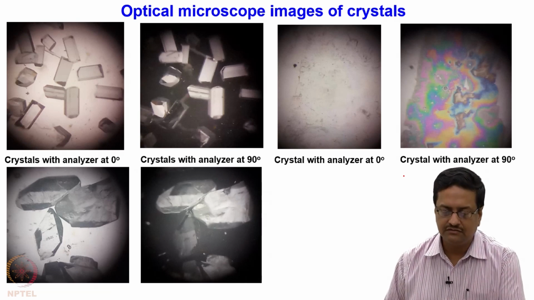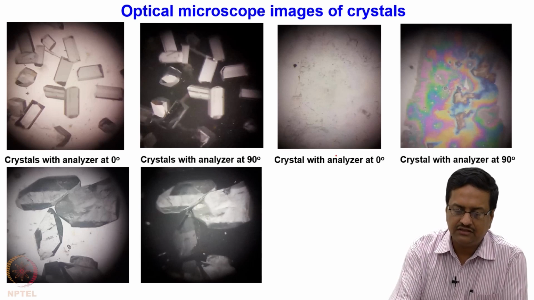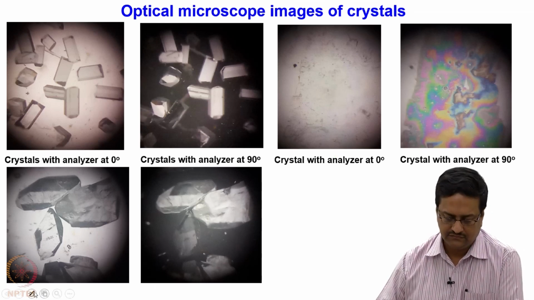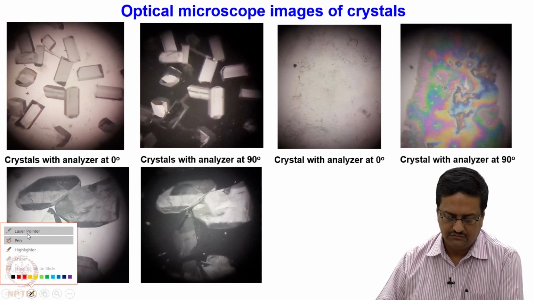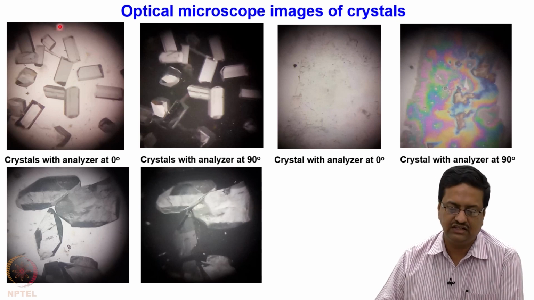Here on the first picture, we have the image of a set of crystals with the background bright, which means the analyzer is kept at 0° and the light is passing through both outside the crystal and inside the crystal.